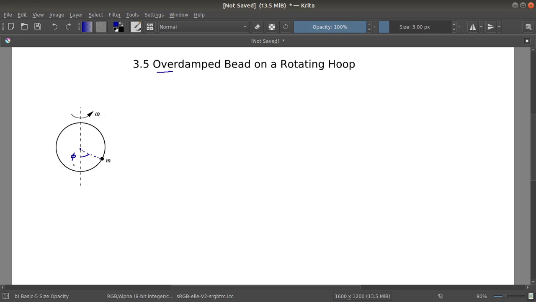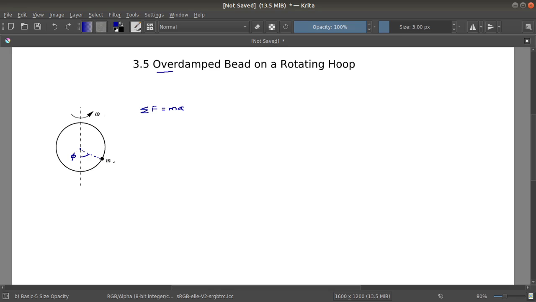Now, how this phi changes with respect to time is the dynamics of this system. How do we do that? What is the governing law? The governing law is just Newton's law, which is the summation of F equals ma. In order to use this equation, I need to know the forces acting on this mass.